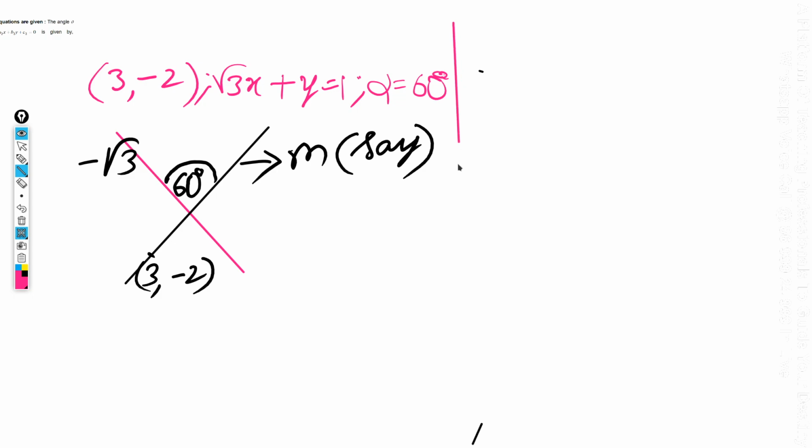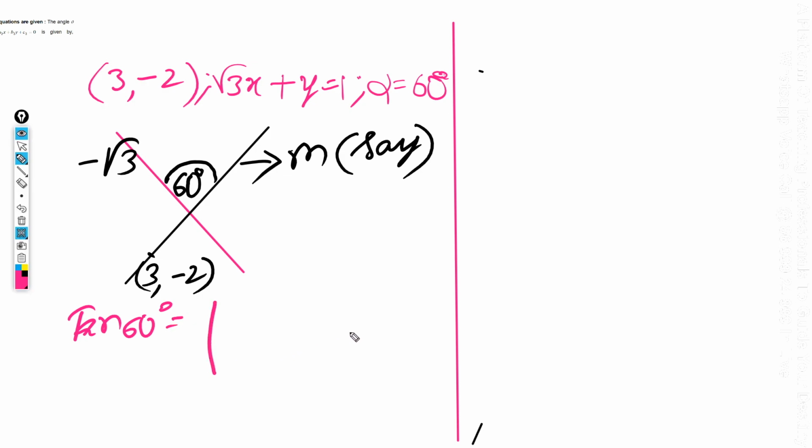So, what is the data given? You are given a point on the line and you need the slope. So, let me apply cos theta formula or tan theta formula, whatever, no problem. Any formula can be applied. Tan 60 is equal to modulus. Should we write modulus? Yes, you have to, because 60 degrees lies in the first quadrant, where the trigonometric ratios values are all positive.